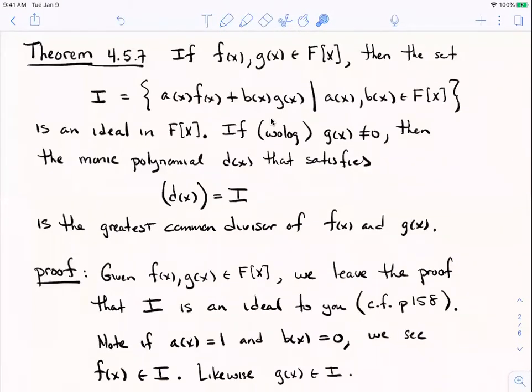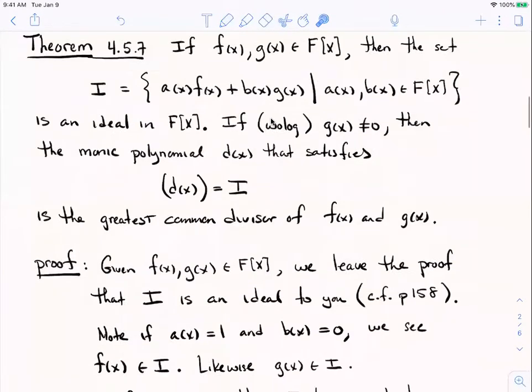But for purposes of this video, keeping it short, I'm just going to say, okay, that's your exercise. That set is an ideal, given f and g, and they don't have to be nonzero. If f and g are both 0, then the set I is equal to 0, and that's an ideal as well. So for any f and g, that set is an ideal.